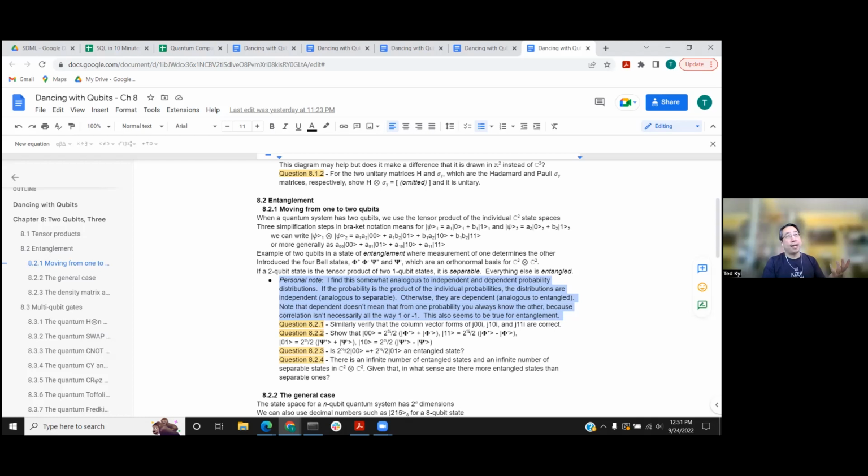And the other thing is that just because 2 probability distributions are dependent doesn't mean they're utterly 100% dependent, such that if you know the value in one, you know the exact value in the other. That would be the case with correlation of 1 or -1.